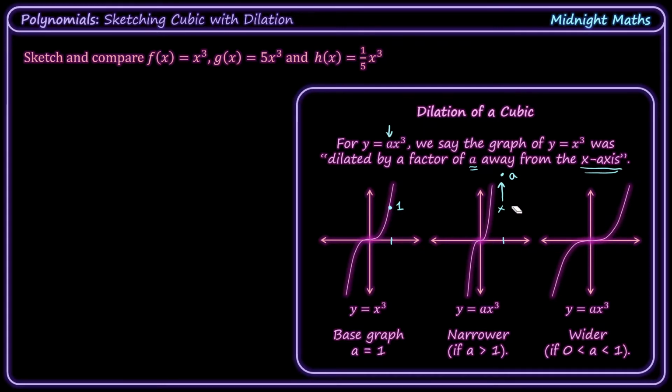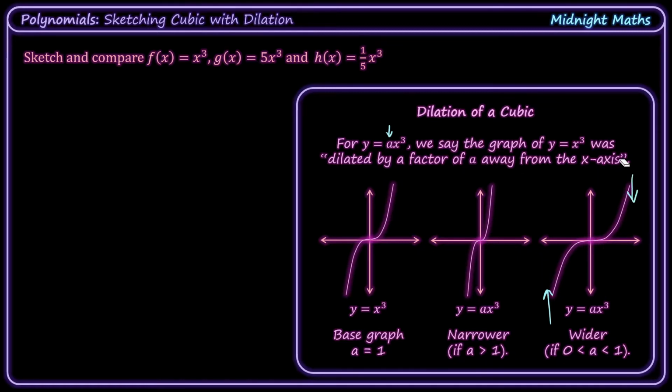Compared to the base graph, when a is larger than 1, your graph appears narrower because you can imagine it being stretched up and down. If a is between 0 and 1, the opposite happens: the graph is pushed down towards the x-axis, so it appears wider.